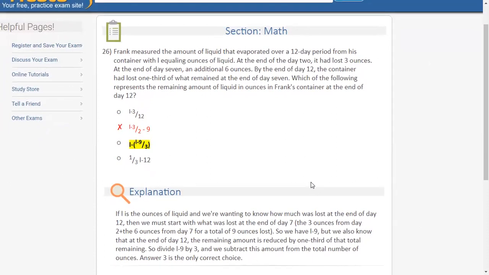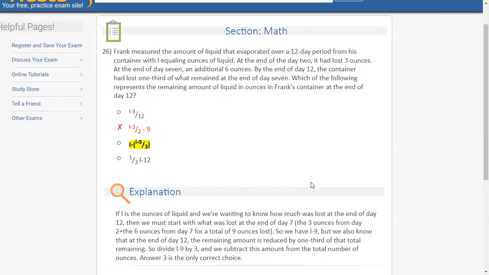If L is the ounces of liquid, and we want to know how much was lost at the end of day 12, then we must start with what was lost at the end of day 7.